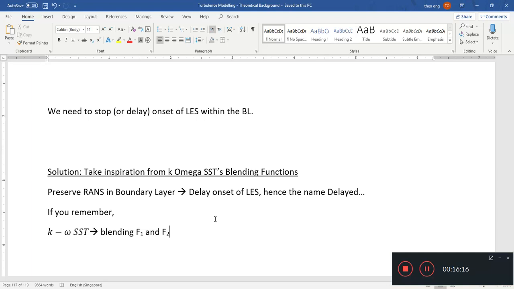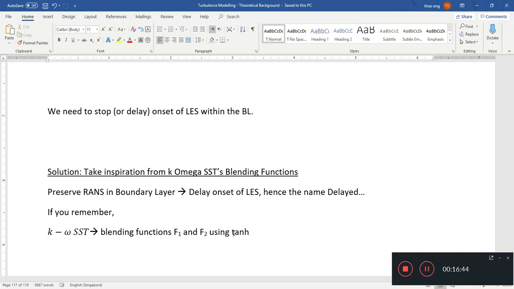They use these blending functions F1 and F2, which were hyperbolic tangent functions. There were some complicated functions, but the job was to switch from K omega inside the boundary layer to K epsilon in the free shear region.